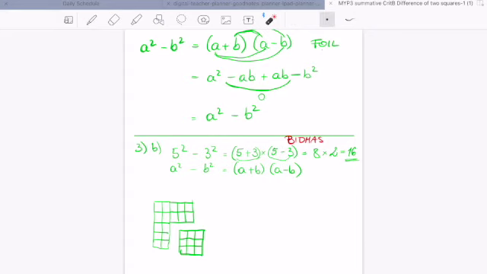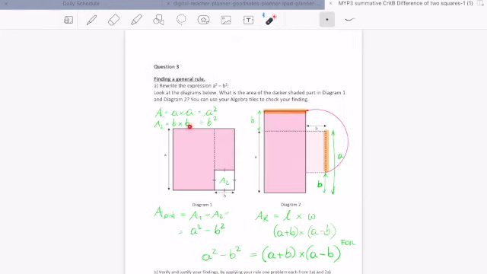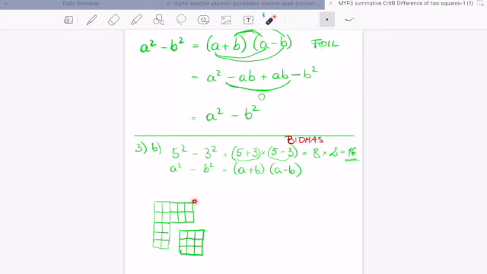So just to clarify, I first had a square that was 5 by 5, 5 squared, and I'm taking away a small square that is 3 by 3. And just like here, I have this big square, taking this away, leaving me with this rectangle here, that I can put on top here. And that's exactly what I'm going to do. I'm going to take this rectangle here and I'm going to put it on top here.